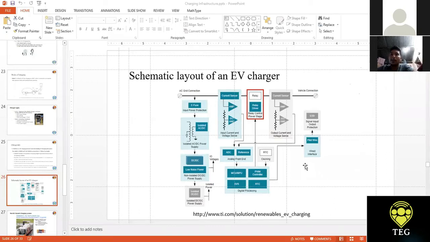So these are all the kinds of questions that the charger will decide upon, and all the decision is made inside the microprocessor, and accordingly you have to give appropriate pulses to the silicon gates that you have in the rectifier and the buck boost converters.